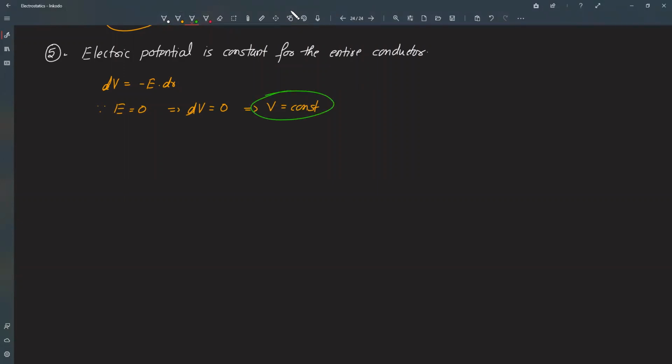So electric potential is constant for the entire conductor. It doesn't change for the conductor. The potential of a conductor is constant. You go to any point in that conductor, any place in that conductor, it will be constant. So charge inside is 0, charge is only on the surface, potential is constant, electric field inside the conductor is 0.